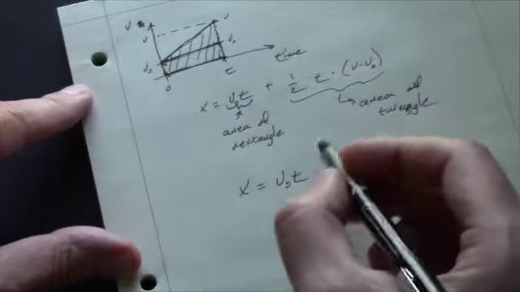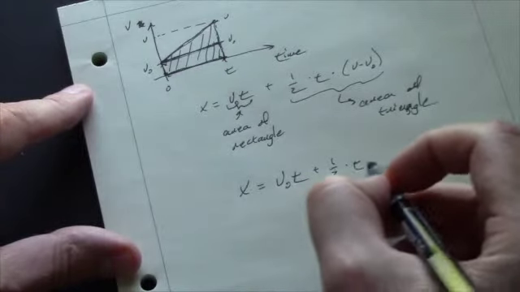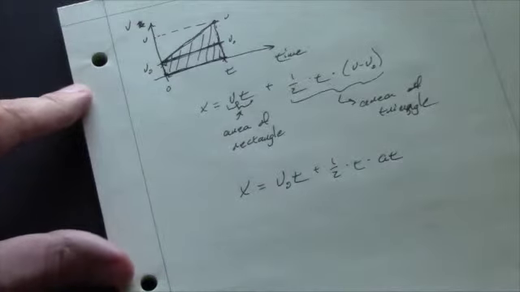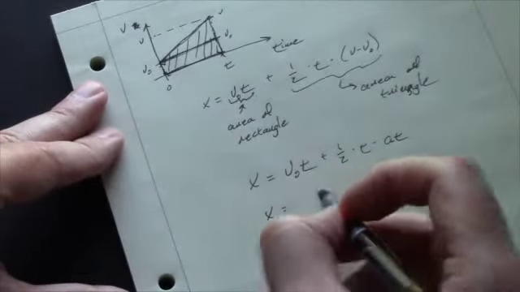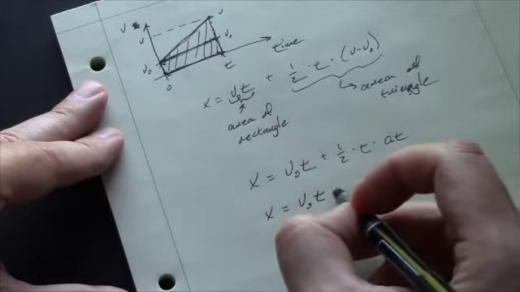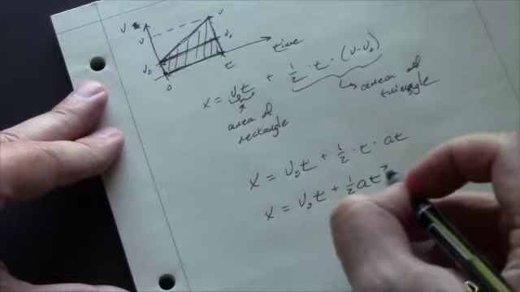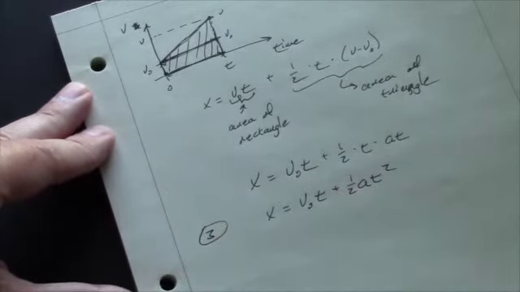So I'm going to wind up with x is v initial t plus 1/2 a t squared, which is kinematic equation number 3.